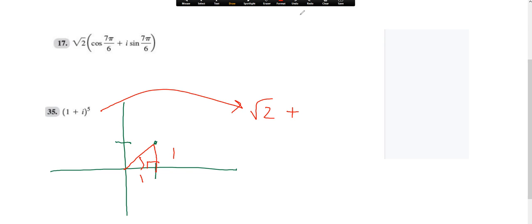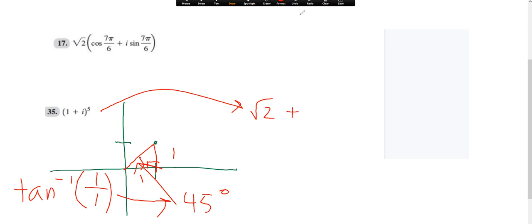So do we have the angle inside there? That is a 45-degree angle. If you didn't know that, you could use the tangent inverse, opposite over adjacent, to come up with that. It is in quadrant 1, so I don't need to change anything. So, cosine 45 plus I sine 45.